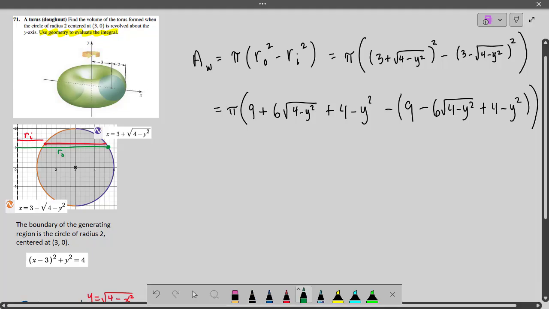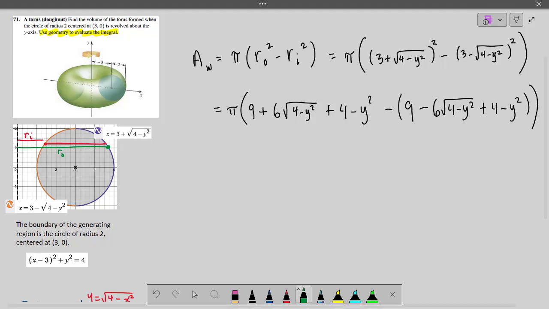But there's a lot of simplification in that mess. This is a 9. This minus distributes to make that a negative 9, so those will cancel. This 4, when this minus is distributed to that 4, those cancel. And similarly here, that minus y squared is going to cancel when this minus distributes.